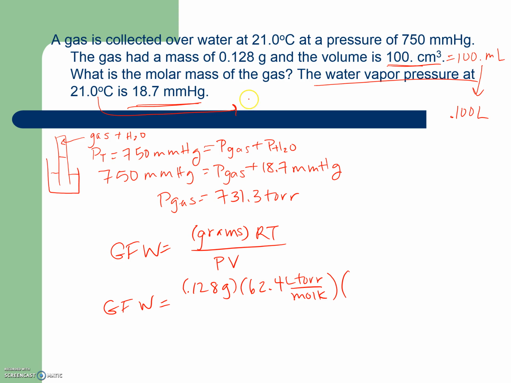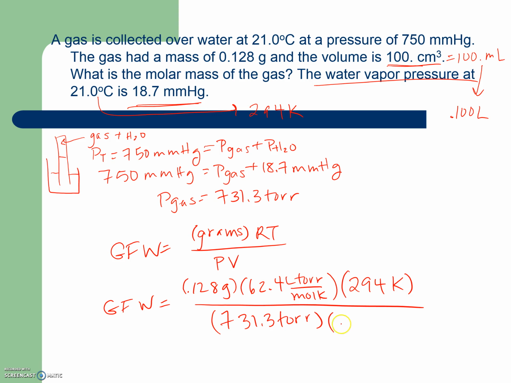So 21 is not useful. I need to make that into Kelvin. So 21 plus 273 gives me 294. My pressure is the pressure of the gas, so 731.3 torr. And my volume, in this case, is my 0.1 liters.